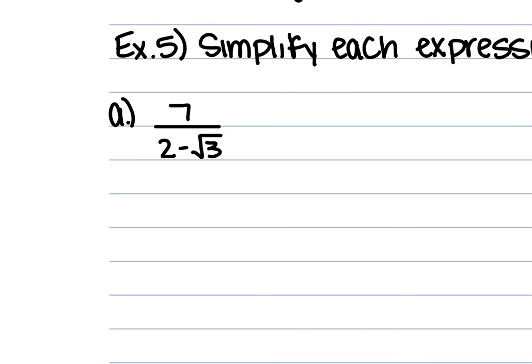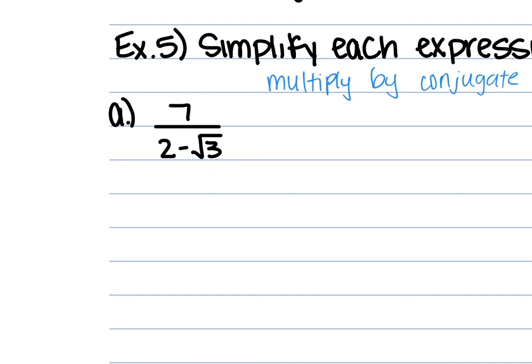So what we do, and write this down, is you're going to multiply by the conjugate. Okay? And then something really, really cool happens, and you lose your radical completely.